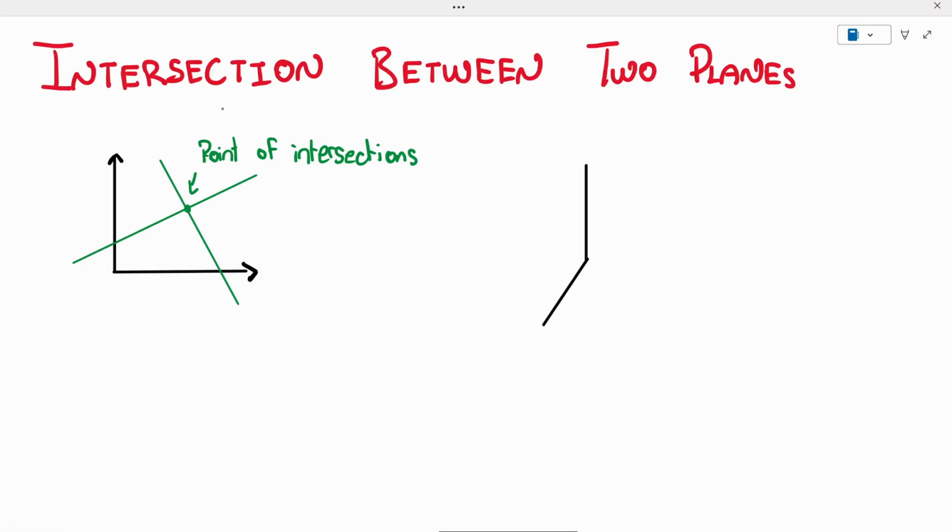it's the same concept, right? Because a plane is made up of an infinite number of lines.